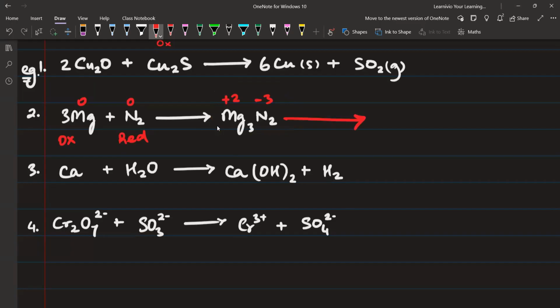If it forms something else, then we can comment on what happens to Mg3N2. Magnesium nitride has nothing happen to it here. Do the rest quickly, then we'll see.